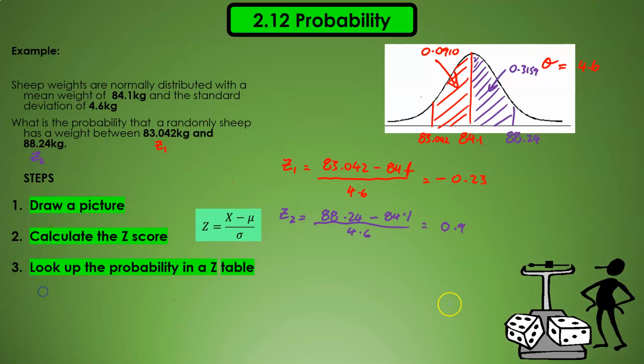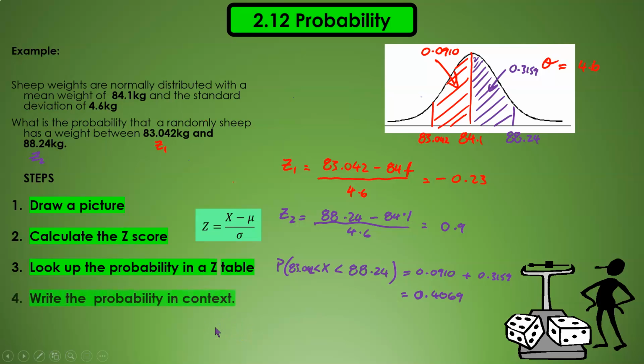So now that we know the probabilities of each one, we just need to add them together. So the probability that x is less than 88.24 but greater than 83.042 is equal to 0.0910 plus 0.3159, which gives us a final probability of 0.4069.